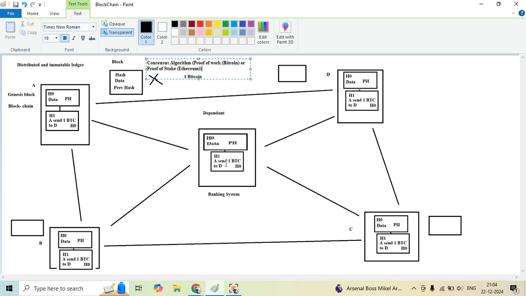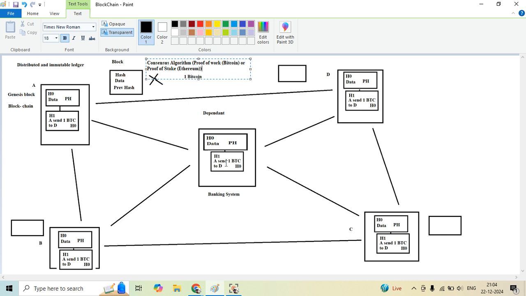And when a central authority was present, like a banking system, it was prone to loss of money or loss of trust, because there was only one central authority involved, so it was not that trustworthy.